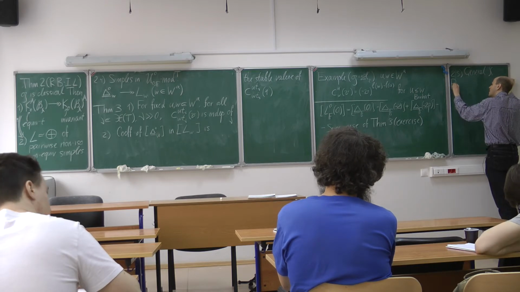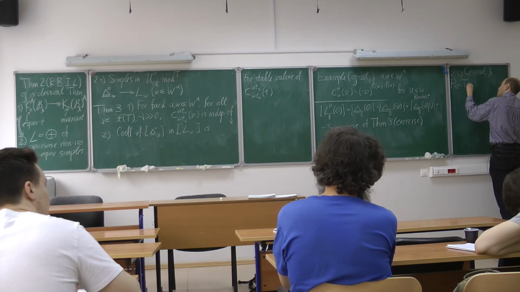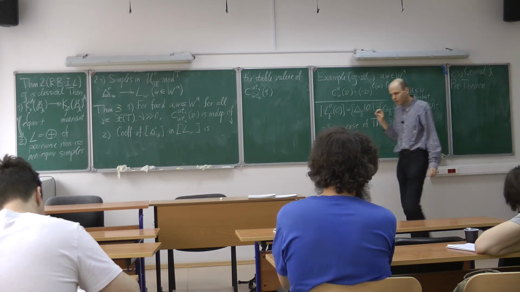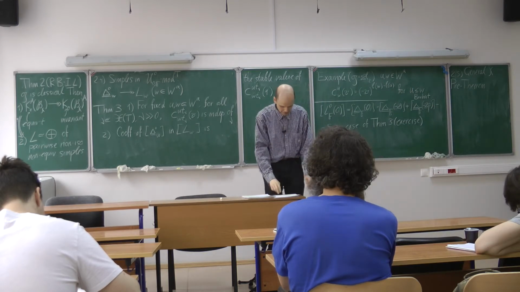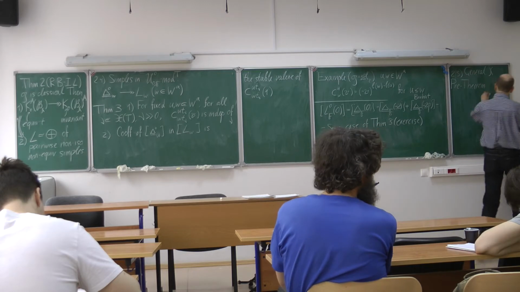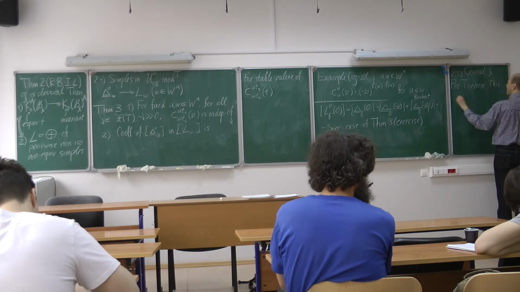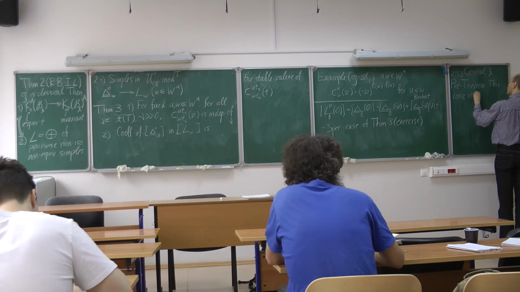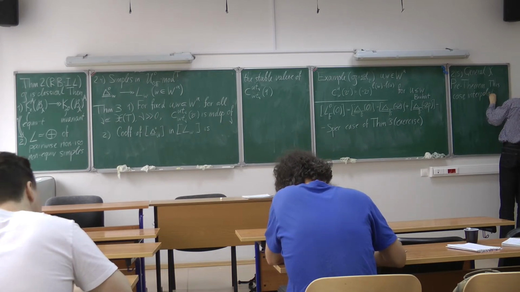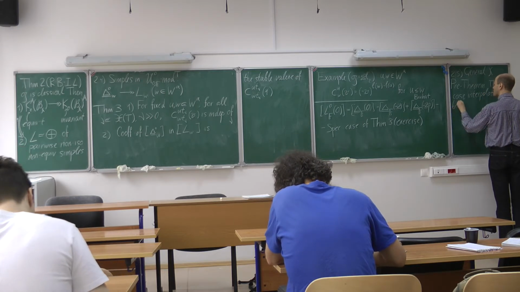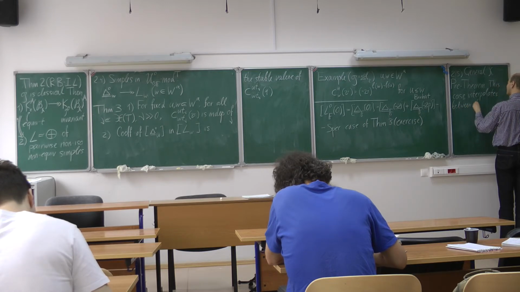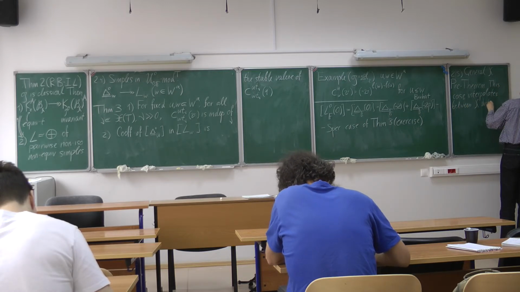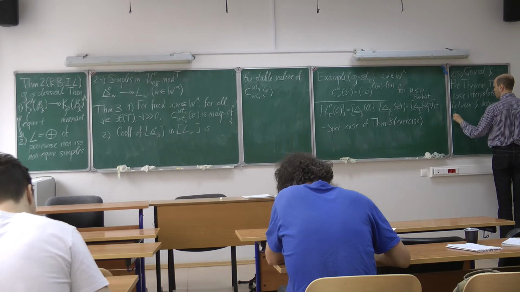So let me call it the pre-theorem. The statement of this pre-theorem is that this case interpolates between chi distinguished and chi equals 0.